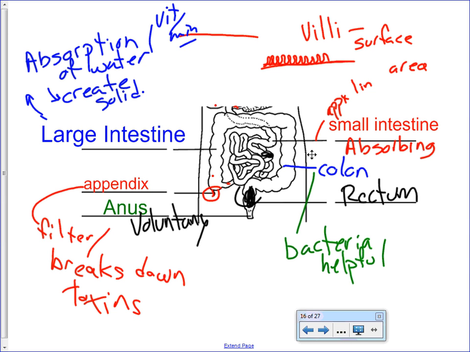Fiber is cellulose, it's cell walls. So when you eat lots of fruits and vegetables, you eat fiber, and what that does is it moves the stuff through your system so it doesn't stay there for a long time. Think about what this is. This is nasty digested food, right? It's the stuff you can't use anymore. So if you don't eat fiber, it might sit there for days and days before it gets pushed out. Eating lots of fiber, oatmeal, fruits, vegetables, pushes it through faster, which is healthier.